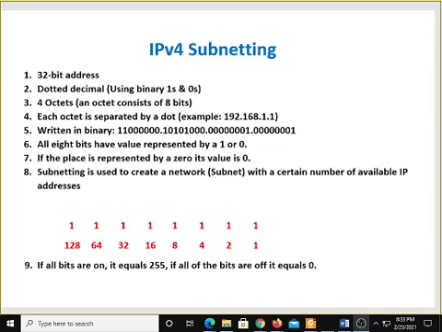If all bits are on in that particular octet, it's worth 255. If all the bits are off, it equals 0. Now, there are 256 numbers, but you cannot use a number higher than 255.